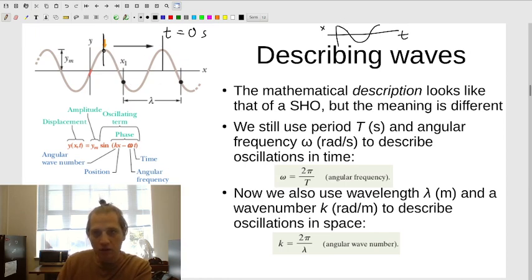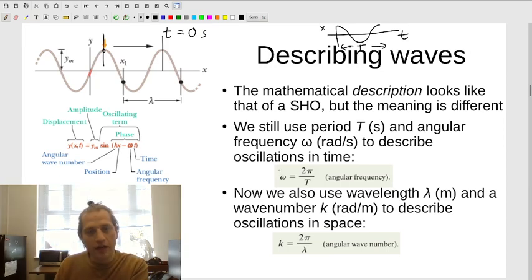Just like in this one, our period was the time from peak to peak. And just like we have a variation in time, which we described with our angular frequency as 2 pi over the period, we have a variation in space, and that's 2 pi over the wavelength. The angular frequency has units of 1 over seconds, which is hertz.